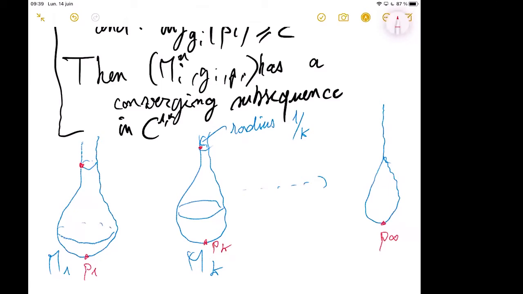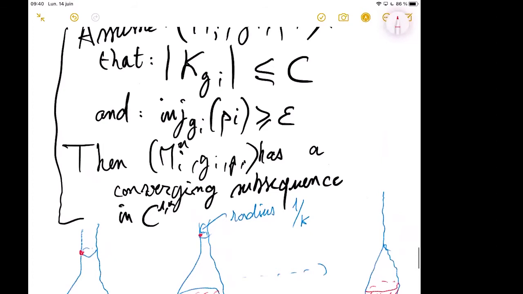It's just a piece of the sphere. So let's assume even that all this part in red is the standard hemisphere of radius 1. So the injectivity radius is at least pi over 2 there. So the injectivity radius is going to 0 at some point, but it's not going to 0 at the pointing. So this is what's going wrong.